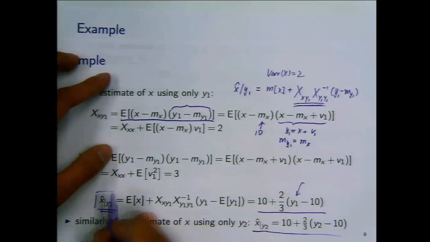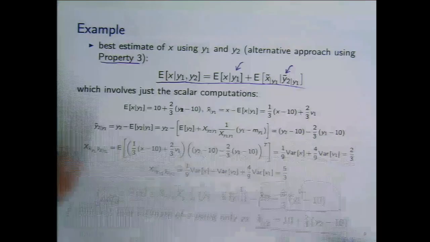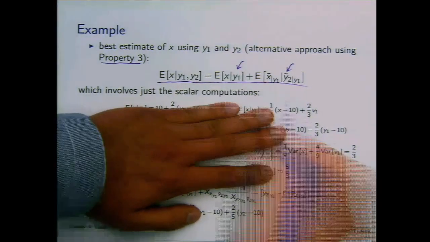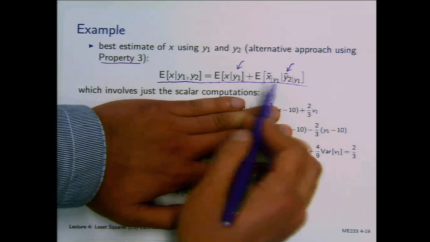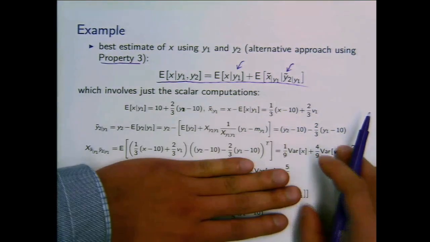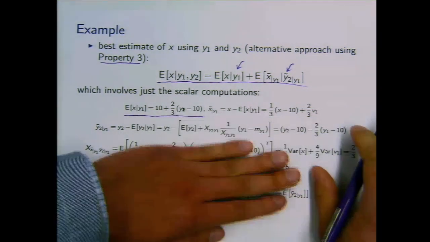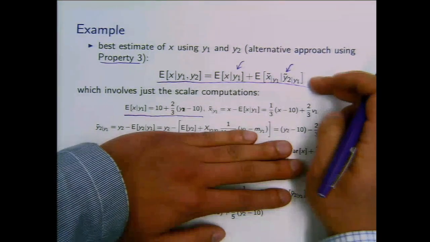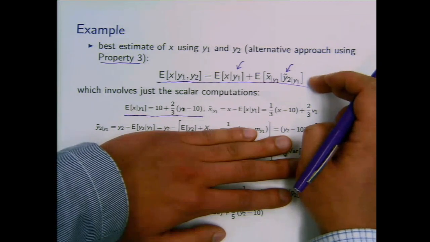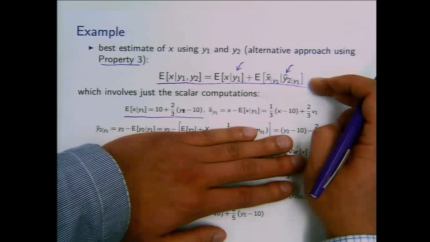This is the best estimate of x given only y1. So the only remaining step is to get this guy here. So I have written down the result we have obtained first. How do we do this step? Can someone take a look and see what the steps should be?